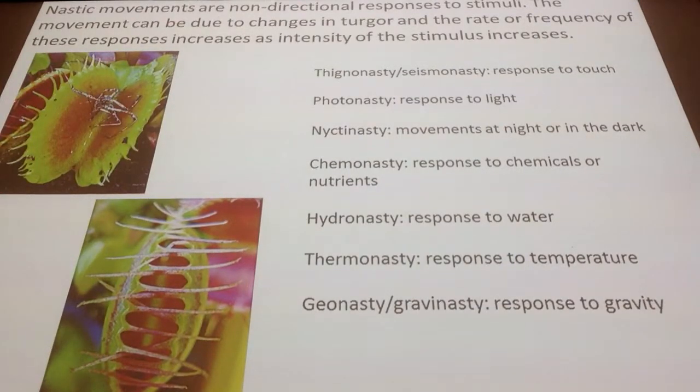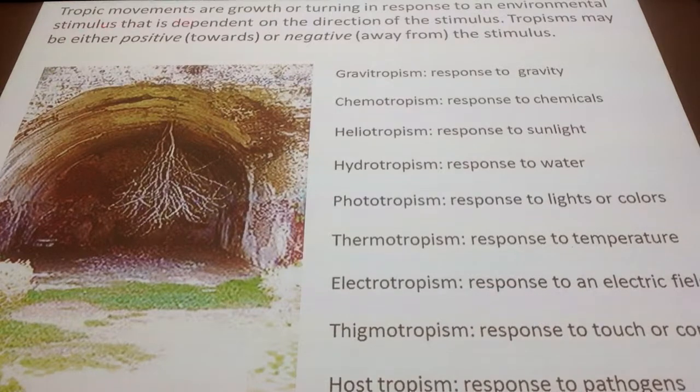The entire plant, not just individual cell, but entire plant. So there are 2 types of plant movement. One is called nastic movement, and one is called tropic movement. Don't try to memorize all of these. You do need to know the difference between nastic movement and tropic movement.